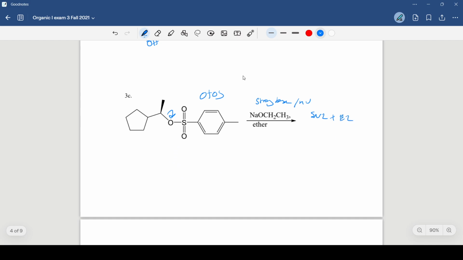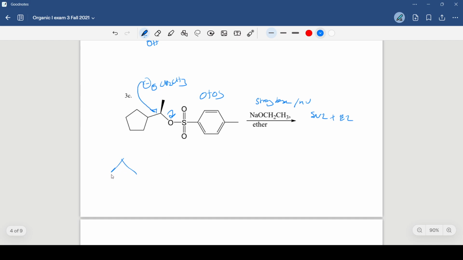So first we can just do the SN2 reaction. So that's just going to be the O, CH2, CH3. Bam, the tosylate leaves.